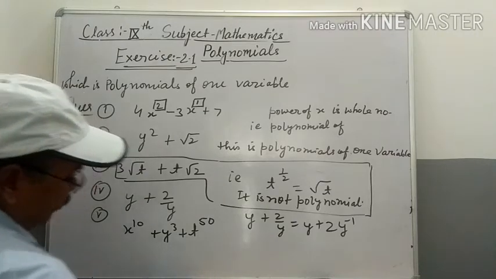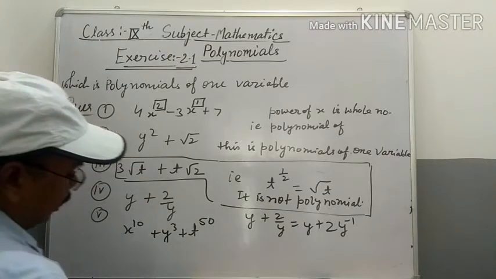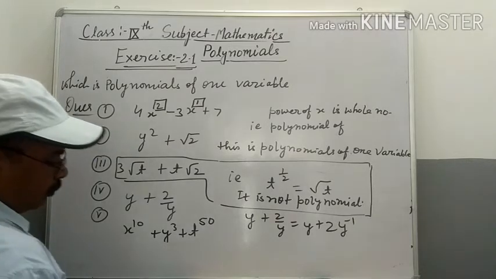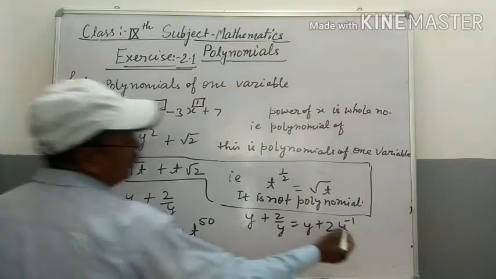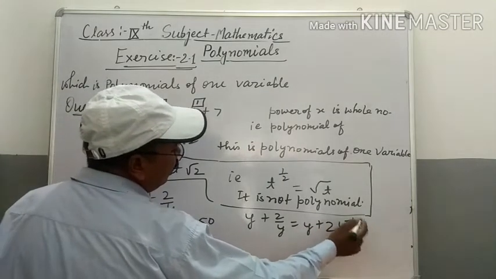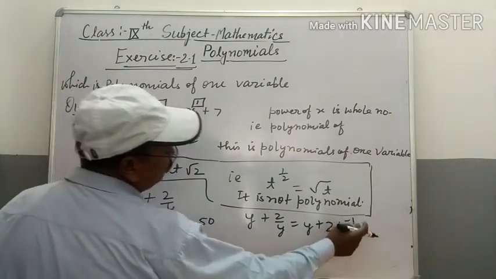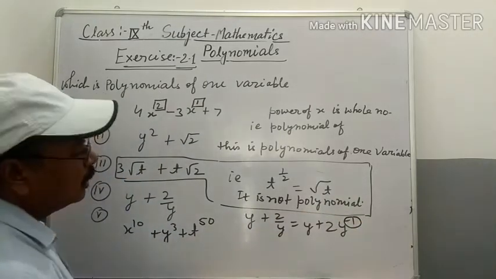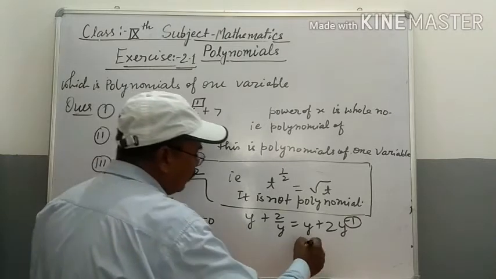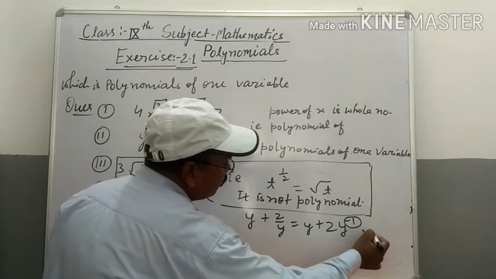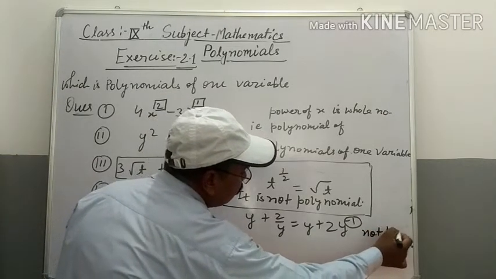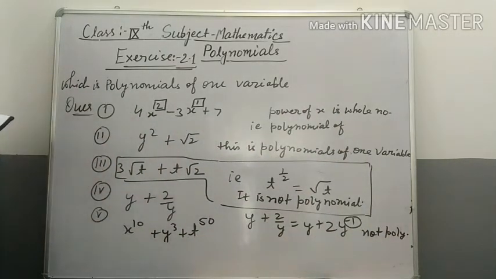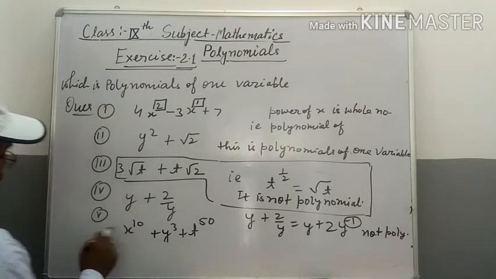Students, you can see here the exponent of the second term is minus 1, which is not a whole number. So it is not a polynomial. In this, the exponent of variable y, that is minus 1, is not a whole number. Then this is not a polynomial.